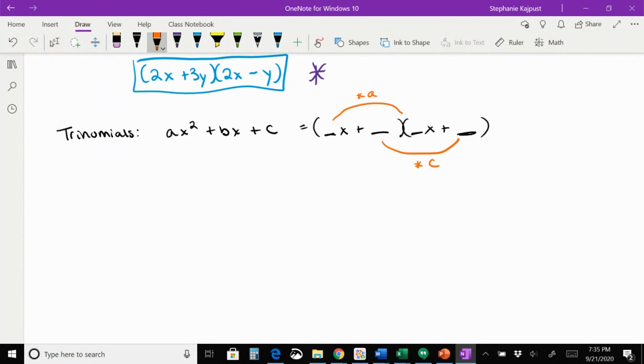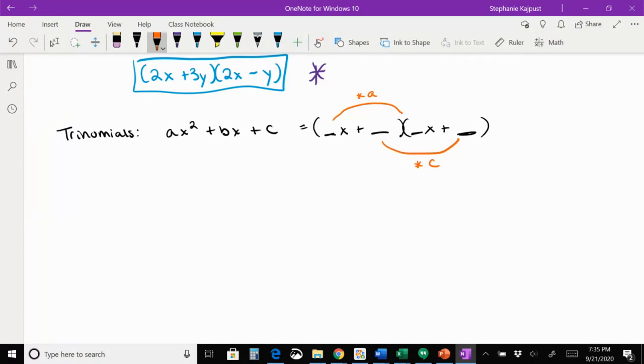And then the combination of the two terms adds to b. So you're asking yourself, what two numbers multiply to a? What two numbers multiply to c? And how do I make that combination work so that when I FOIL, it gets me back to where I started? So that's sort of the thought process behind factoring a trinomial by guessing and checking.